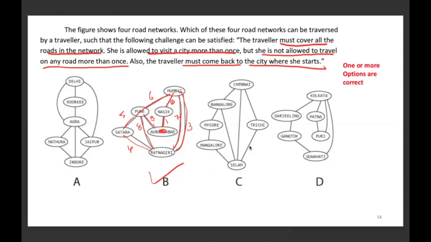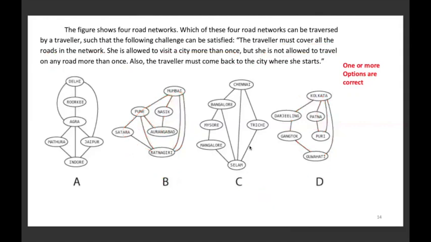And another one will be this one: 1, 2, 3, 4, 5, 6. Then we reach back to Kolkata in the 7th road. So D. Only B and D are possible in this case. Okay. We move to the next one.